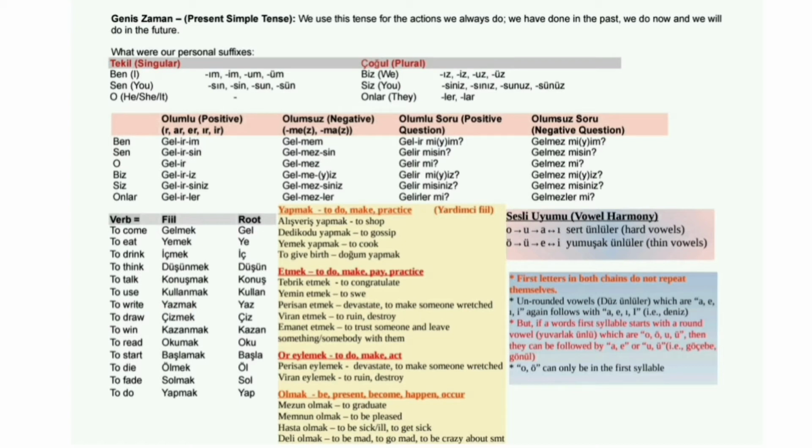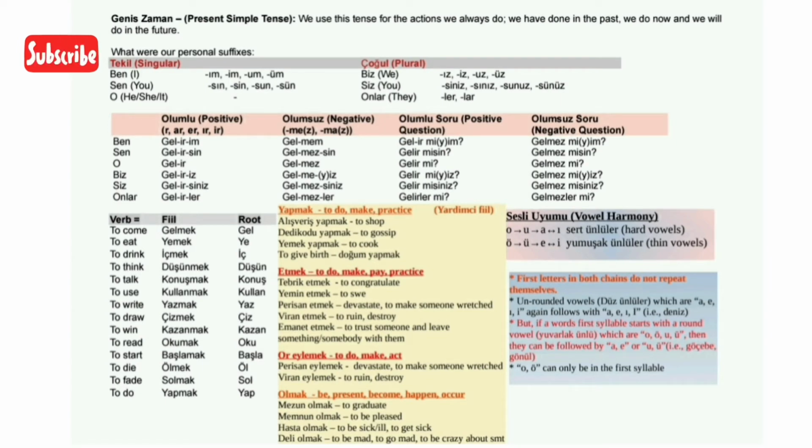So here let's remember our vowel harmony. We've got sert ünlüler, hard vowels: o, u, a, ı. And then we've got yumuşak ünlüler, thin vowels: ö, ü, e, i.